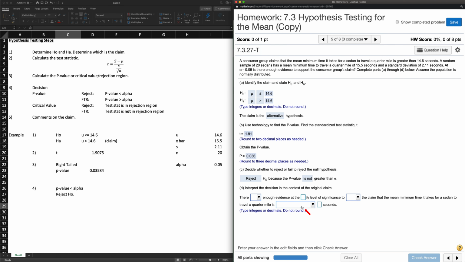Right, lastly, so what did this all mean? How do we interpret this in more real-life terms? So initially, for any hypothesis test, you assume the null hypothesis. We assume that the mean was less than or equal to 14.6 seconds. Then our sample is going to tell us that that's unlikely. So if we are rejecting the null hypothesis, we are essentially saying that this is wrong. And we can imagine crossing that out.